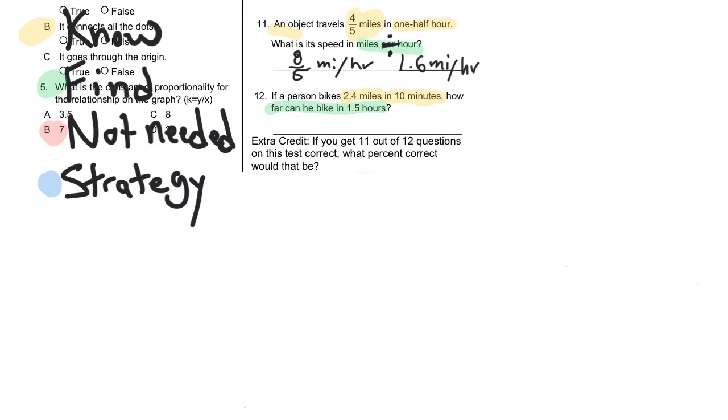In 1.5 hours. What is it we need to figure out? Well, if we know how much they can go in 10 minutes, we need to know how many 10-minute increments there are in 1.5 hours, right? So then we can multiply this number by that number once we get it.